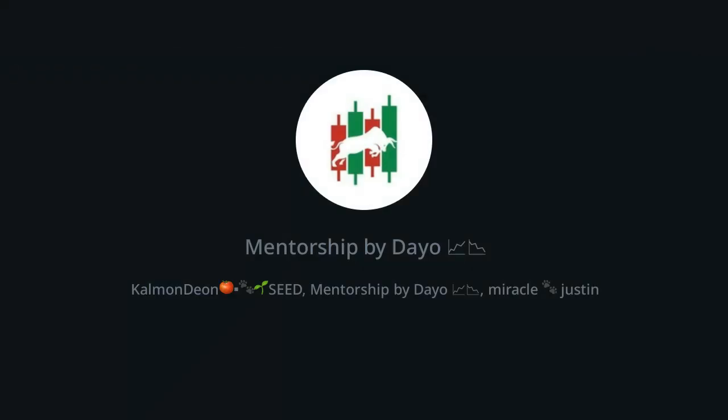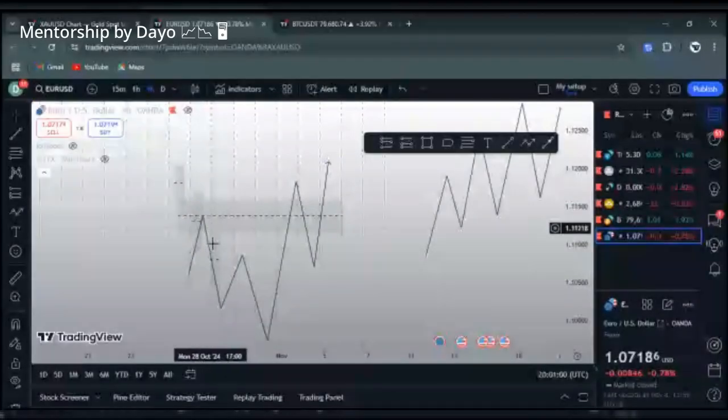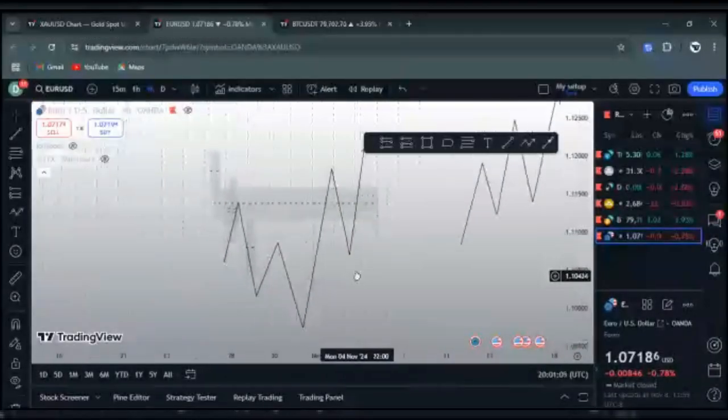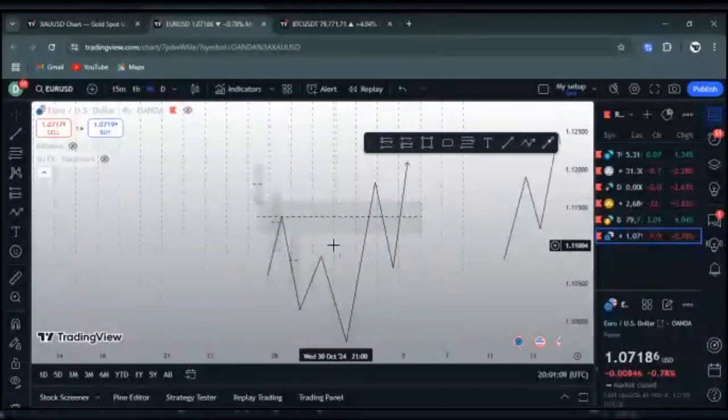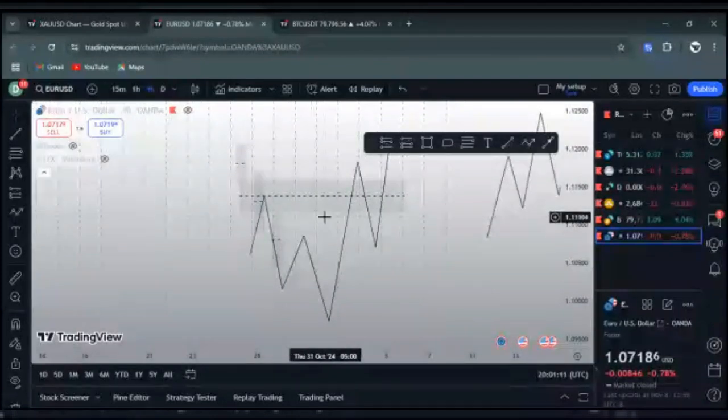I've sent you guys pictures regarding inverted fair value gap, and I feel you should understand it already. That is when a fair value gap is being violated and not respected.